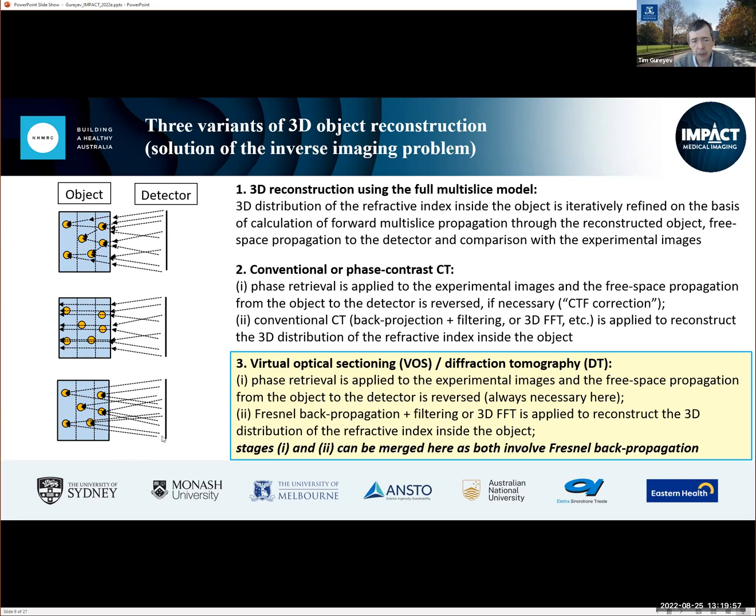After we apply phase retrieval and reconstruct the complex wave at the detector plane, we backpropagate it directly to multiple planes inside the object. So we don't go to the exit surface followed by the conventional CT reconstruction. We go directly inside the sample. In a sense, we combine the phase retrieval and the backpropagation into a single process in this new method.